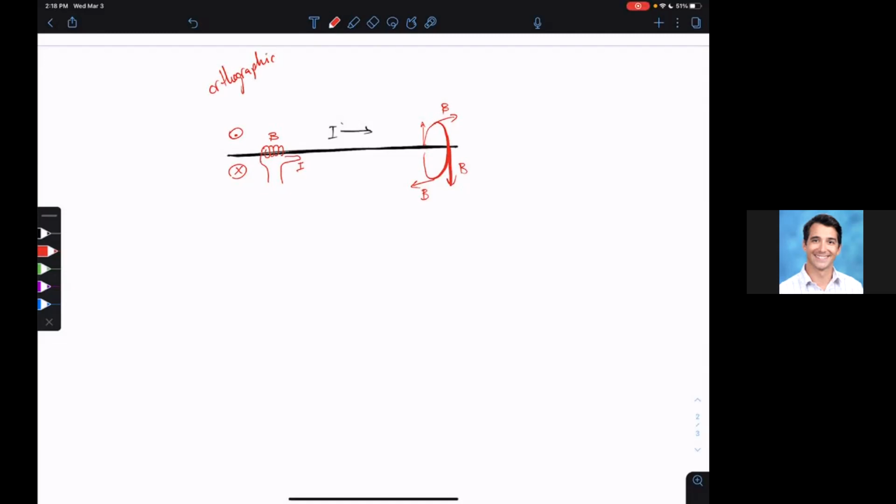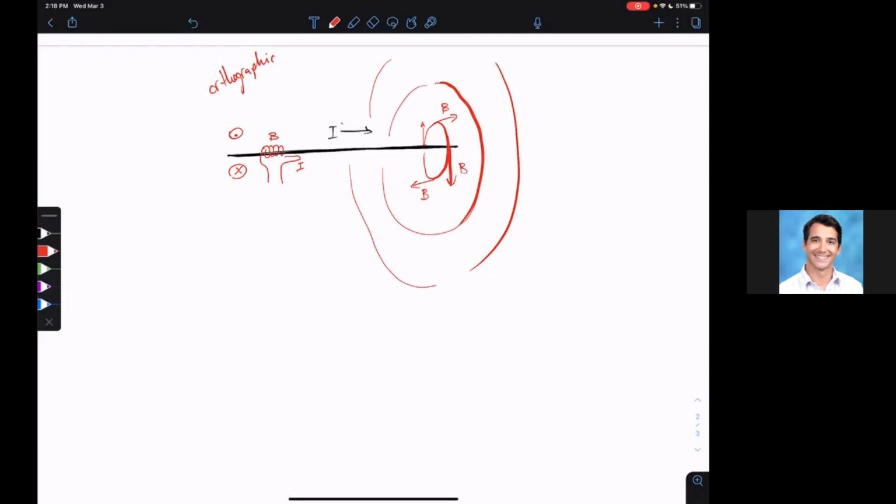The farther away you get, that magnetic field is going to get weaker and weaker, but it's still there. All these concentric rings around the wire. So far, so good. Questions or comments about that?